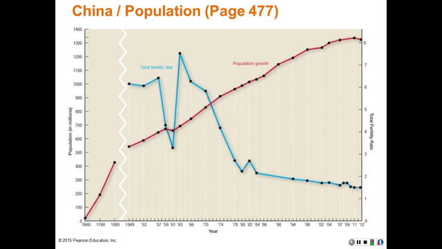This chart from page 477 of your text compares total fertility rate to population growth in China from about the mid 1600s to 2012.